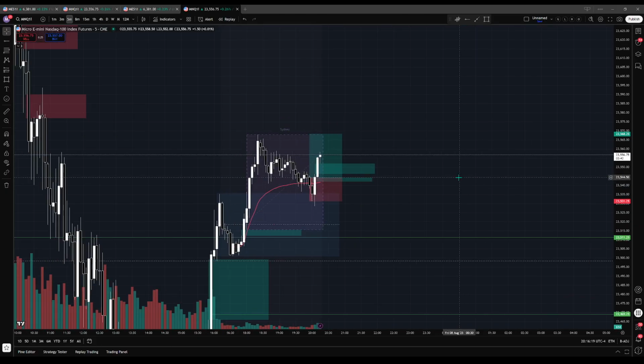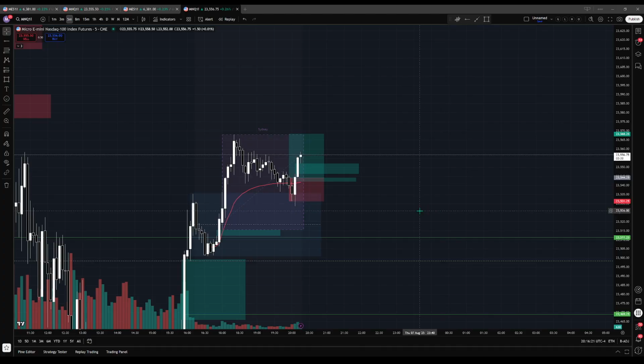So it looks like we fully mitigated that zone. Well, we didn't get the close, so technically not. With a wick, we did mitigate. And now we're targeting the high.